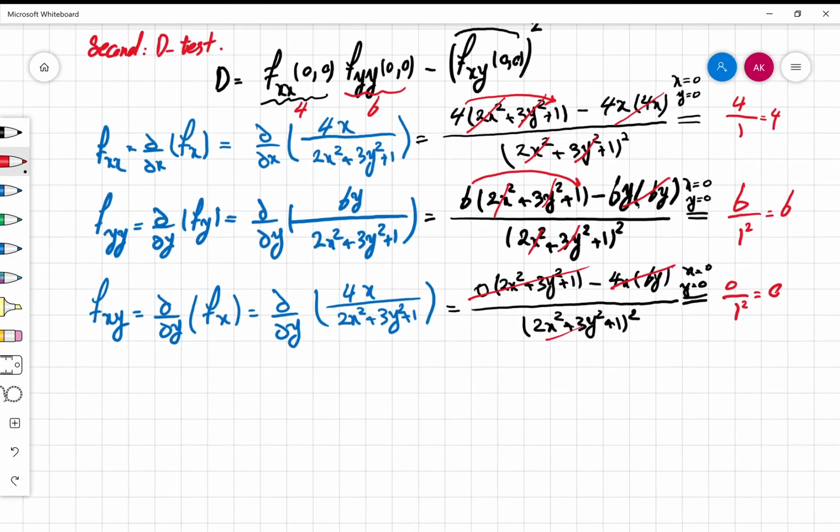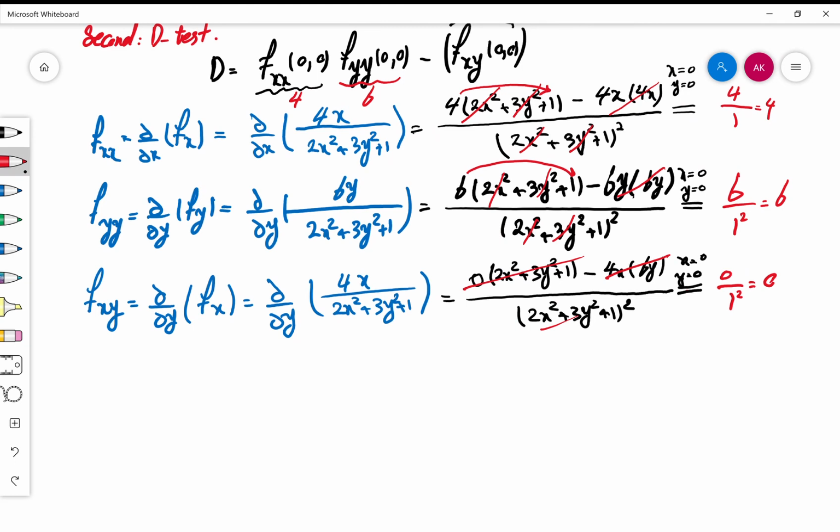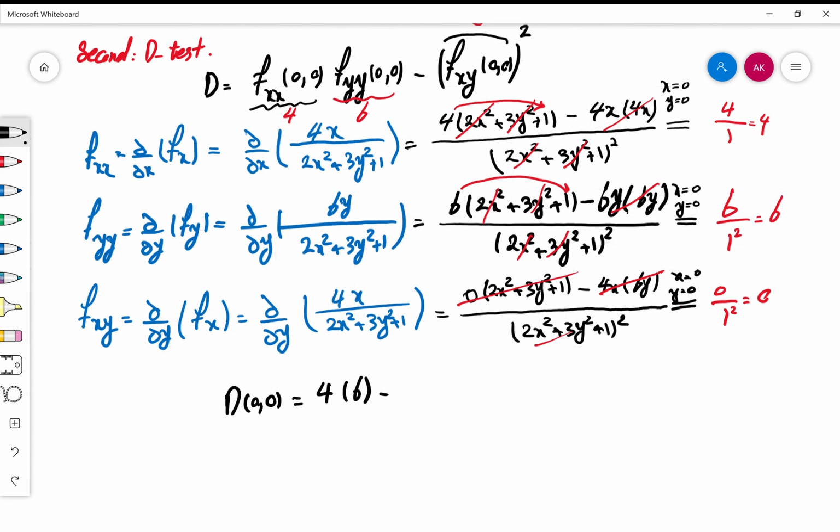So D at (0, 0) is equal to 4 times 6 minus 0 squared, and this is 24. Remember the test. D is positive, so right away you move to check fxx at that point.